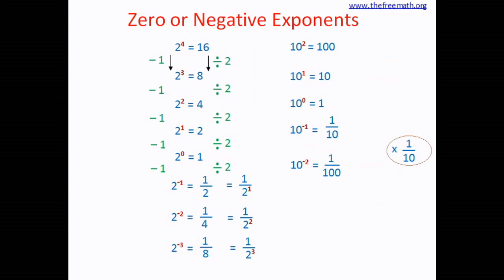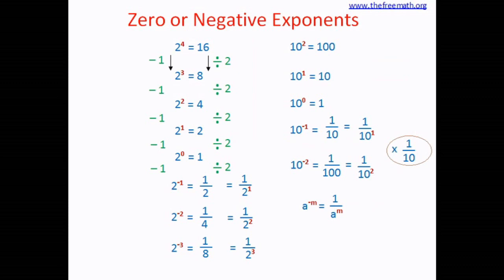The same thing happens for the base 10. 10 to the power of negative 1 equals 1 over 10 to the power of 1, and 10 to the power of negative 2 equals 1 over 10 squared. So what do you see here? What's the pattern? You can say that a to the power of negative m always equals 1 over a to the power of m.